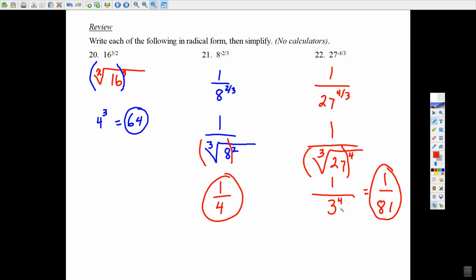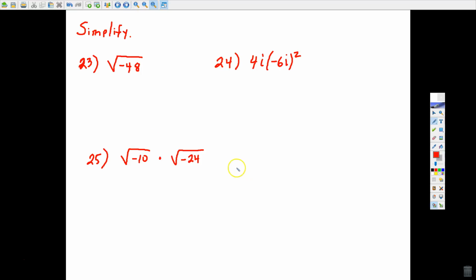All right, so those are quick and easy. I just wanted to make sure you understand how to deal with rational, that just means fraction, exponents, and how they become radicals.